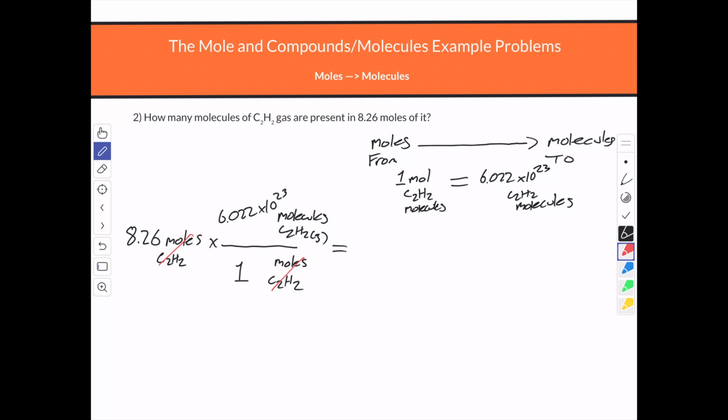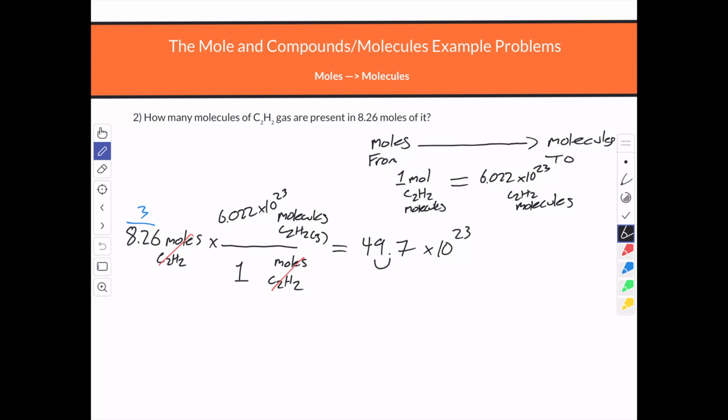So our math is just going to be 8.26 times 6.022. I get 49.7, because I'm doing this to 3 sig figs, times 10 to the 23.